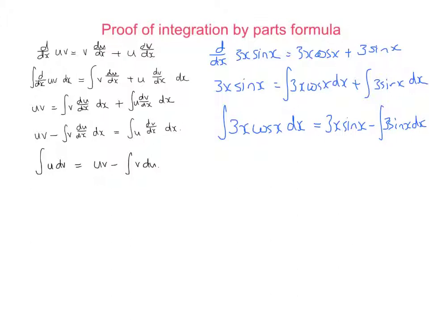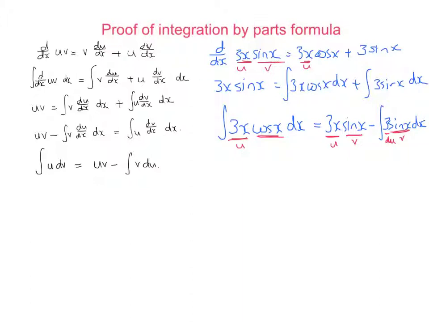Here our u was 3x. There it is. There it is. Here it is as well. U there. Here is our v, sine x. Here it is. V. Here it is. V. Oh, in there, that 3, that's the derivative of u, because u was 3x.